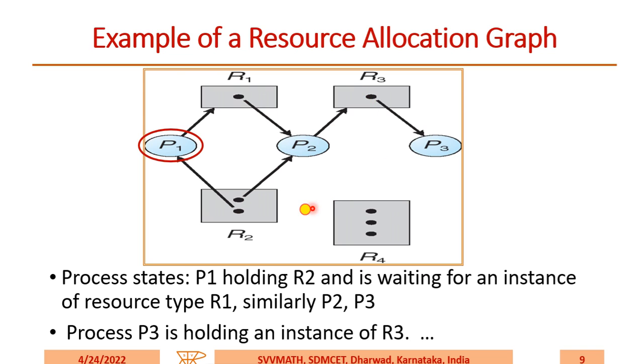This is the way you are supposed to read it. Pause the video and try to understand this. P1 is holding R2 and requesting resource type R1. Similarly, you can say P3 is holding R3.